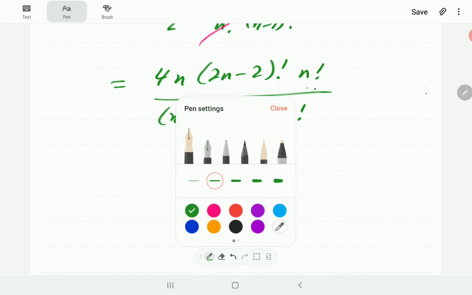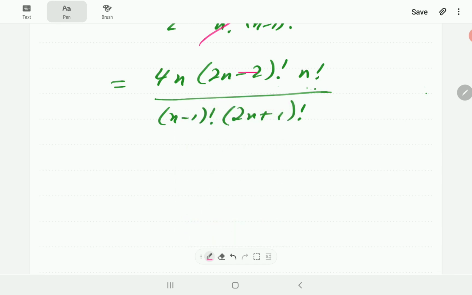So if we do this, then here we're going to remain with 2n plus 1, 2n minus 1.